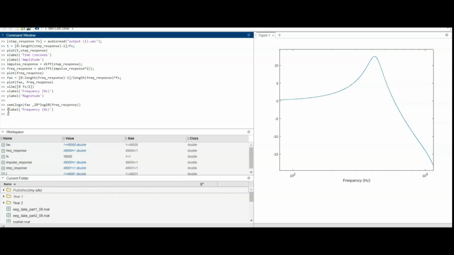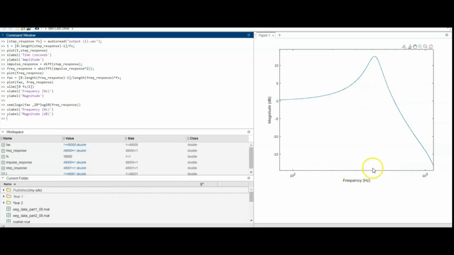And then the Y label is magnitude in decibels. So here we have, that's 100 hertz, so that's 2, 3, 4, 5.